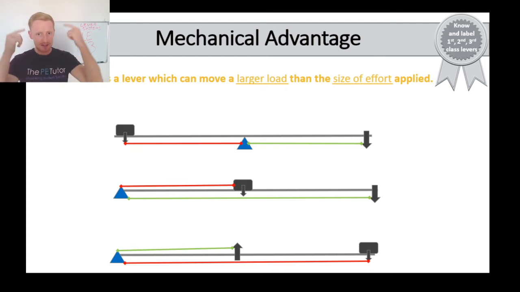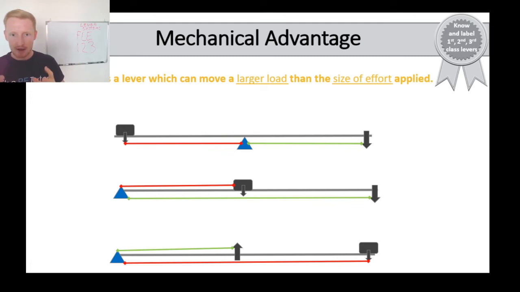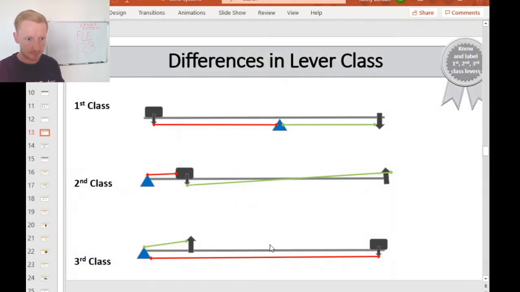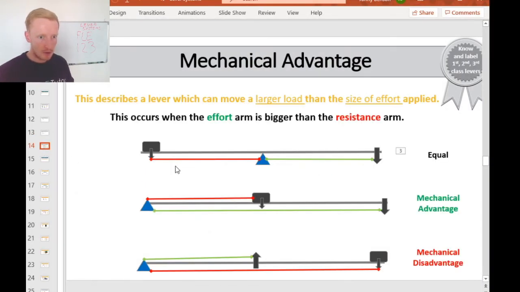So if we go back to that person trying to move the box, because of the way that they set their lever up, so if I quickly jump into this one, this person, or option one, they put that fulcrum really close to the load, to the box, creating a really short resistance arm.